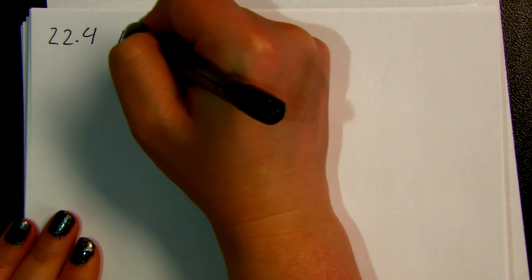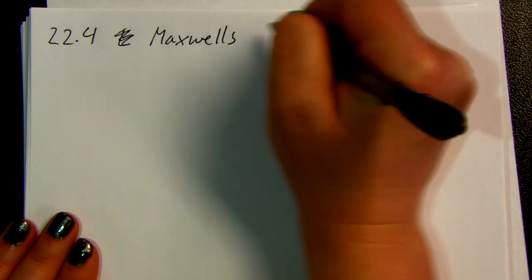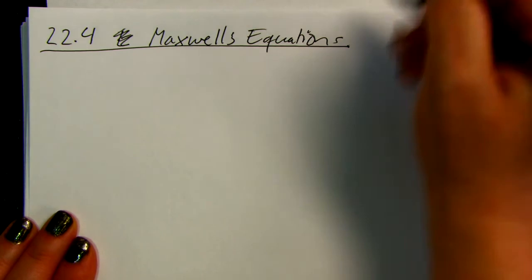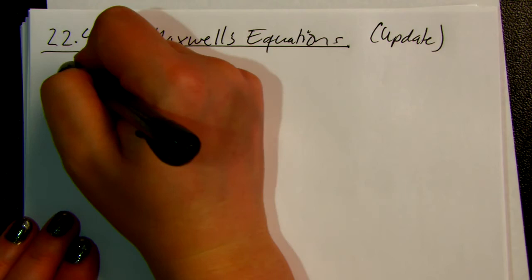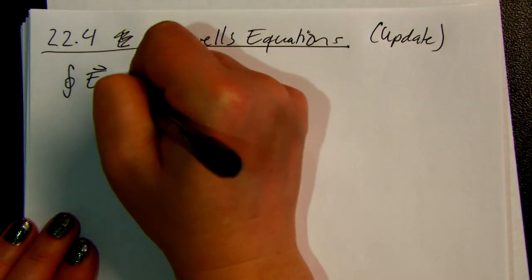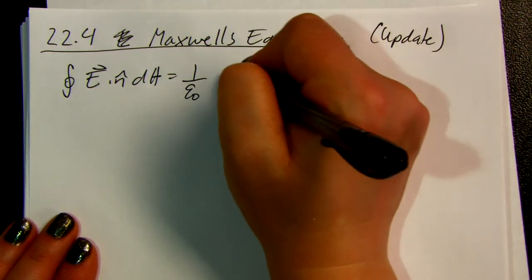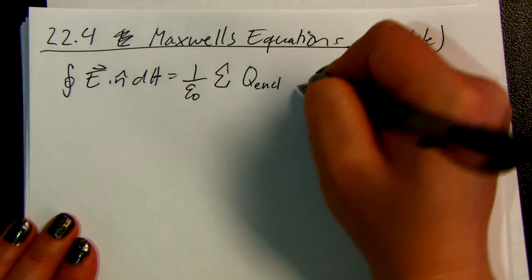Okay, so we are ready once again to continue our update of Maxwell's equations. We've got the integral of E dot n hat dA equal to 1 over epsilon naught times the sum of Q enclosed.